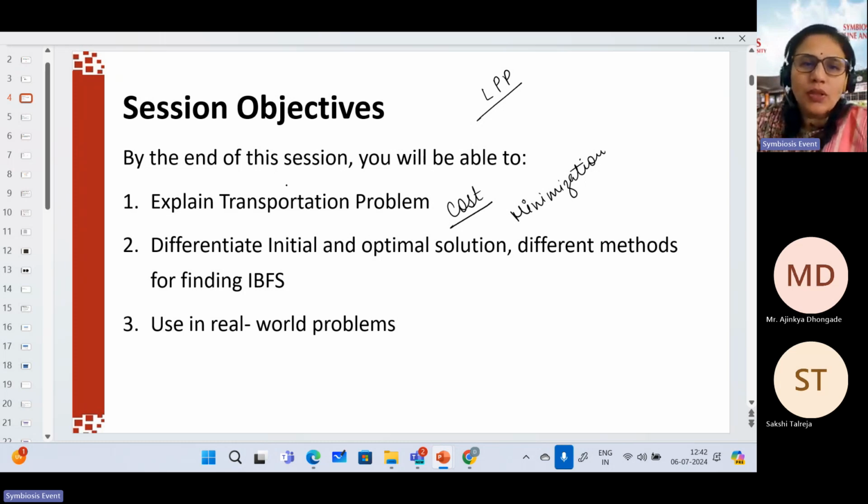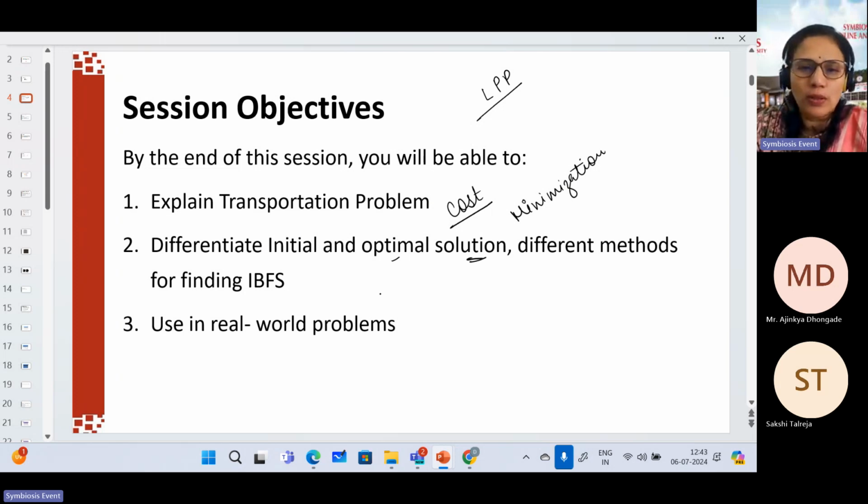In this session, we are going to learn what the transportation problem is, how we can write a generalized form of it, and how we can obtain the solution. In LPP, whenever we find the solution, first we start with the initial values, and by using iterative methods we get the optimization. So here we are going to learn how to calculate the initial basic feasible solution, and we will find that different methods are available.